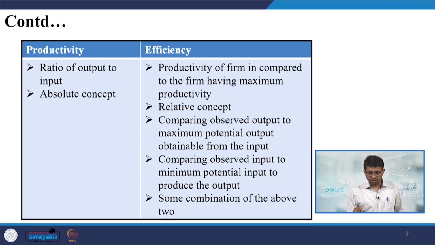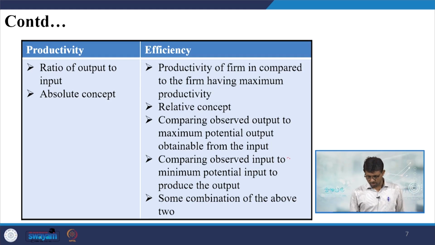Productivity of a firm is compared to the firm having maximum productivity. In case of efficiency, we compare observed output to the maximum potential output obtainable from the input, and we also compare observed input to the minimum potential input needed to produce the output.